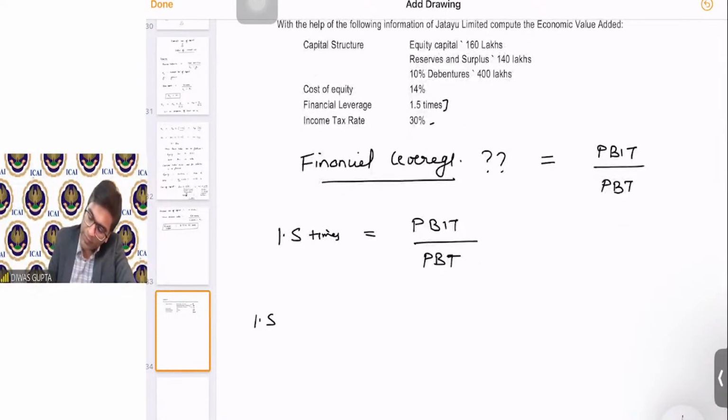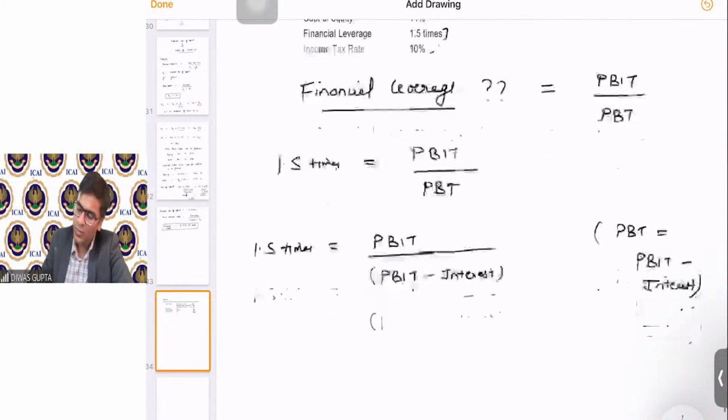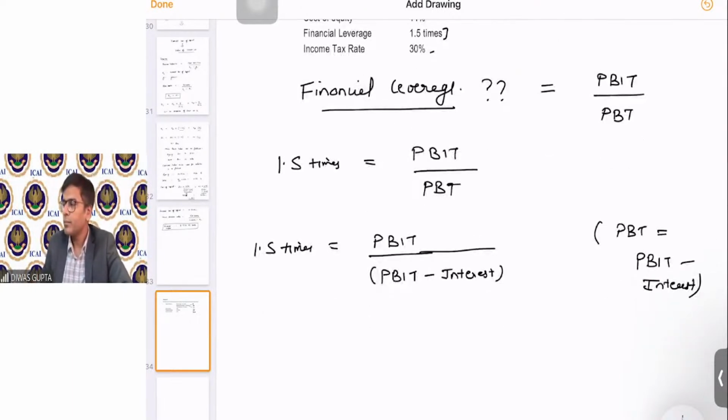So 1.5 times translates to PBIT divided by PBIT minus interest, correct? As PBT is equal to PBIT minus interest, students.